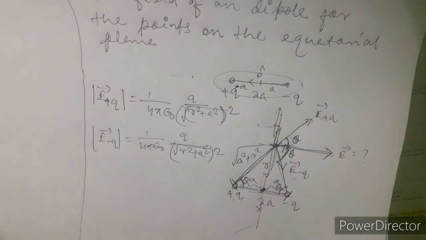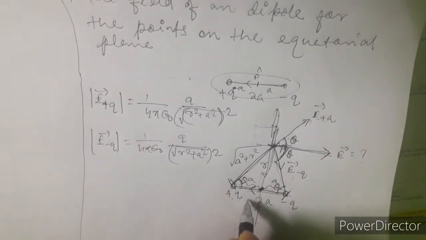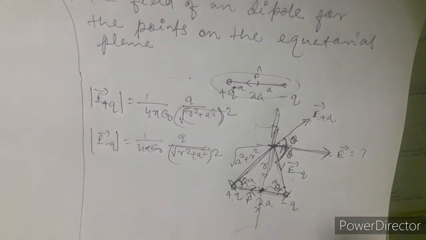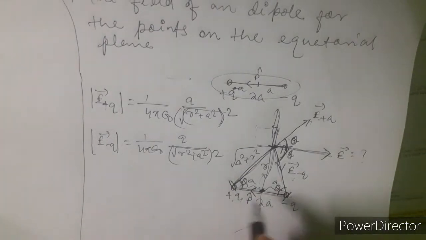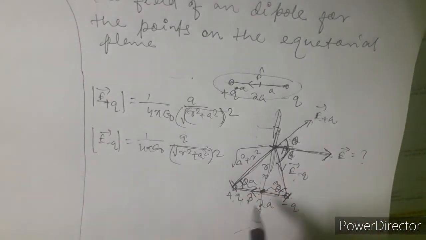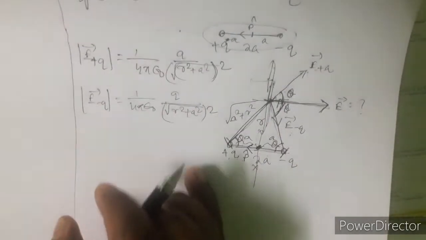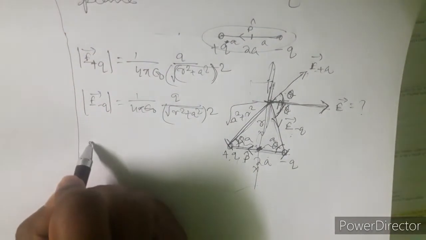As I have told you, by convention the direction of the dipole is from negative to positive charge, so that direction P cap is from minus Q to plus Q charge. And E is on the right side, so the directions of P and E are opposite to each other. Okay, so now what is our target? Our aim is to calculate the electric field.